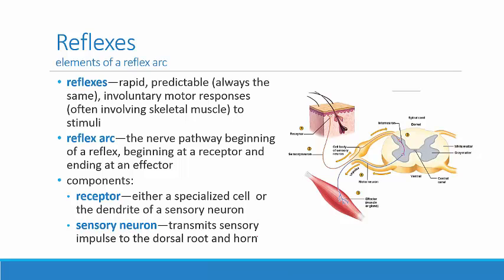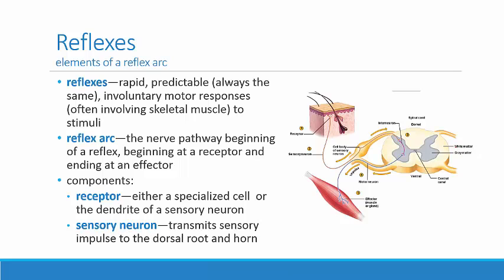They are like withdrawal reflexes that are pulling an arm or a limb away from a painful stimulus, or they are part of the control that we see that helps to maintain homeostasis in the body. So a reflex arc is a nerve pathway that begins at a receptor somewhere.